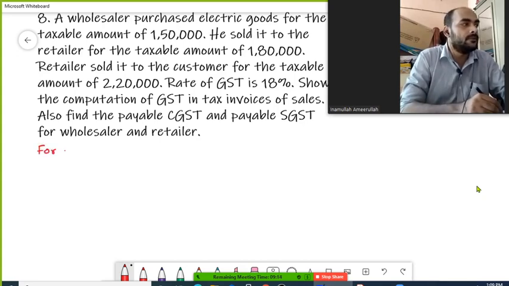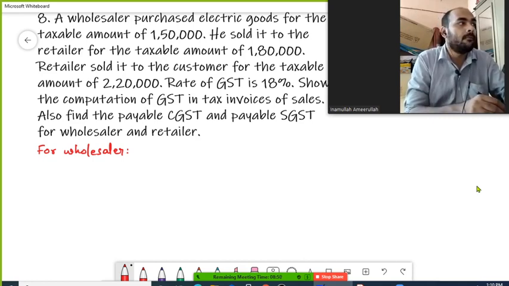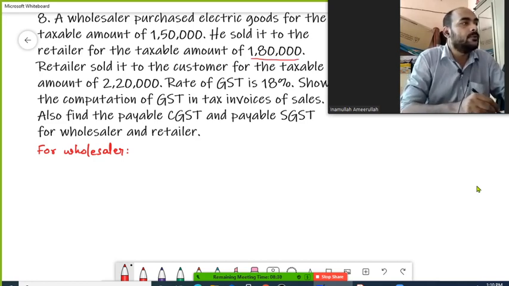So for the wholesaler, first we need output tax, and output tax will be calculated on the sell price. The wholesaler sells the electric goods to the retailer for rupees 1,80,000. So we're going to find out the output tax of the wholesaler.